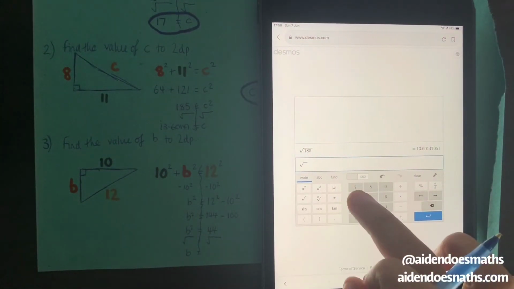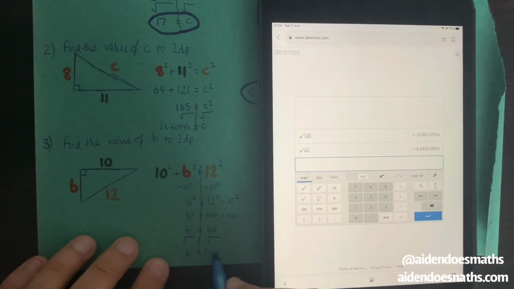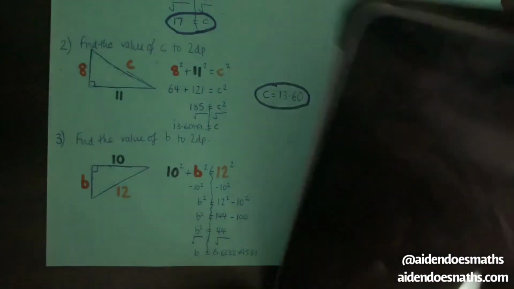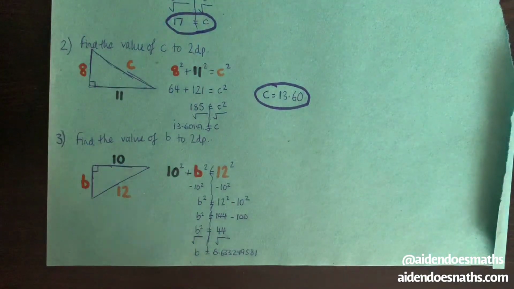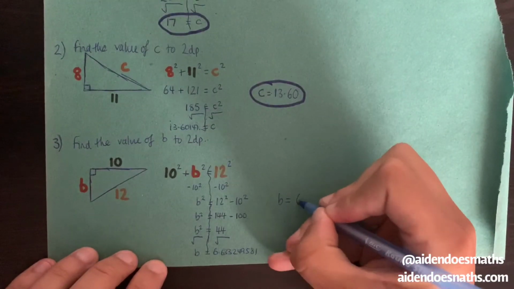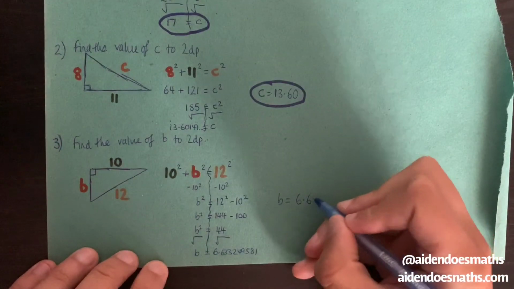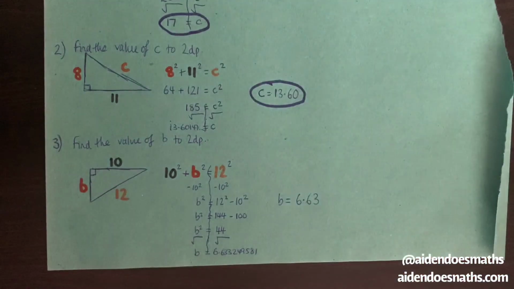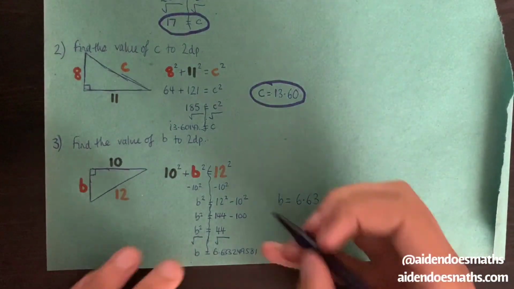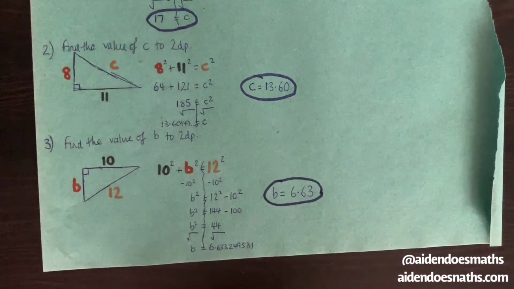I know it's not going to give us a whole number. It gives us 6.6332495881 and so on. Again, it asks for the value of b to 2 decimal places. So we can say b equals 6.6, then we've got a 3, then another 3, so it's going to stay as a 3 there, isn't it? So b equals 6.63.